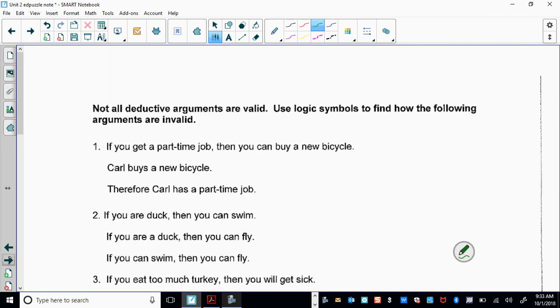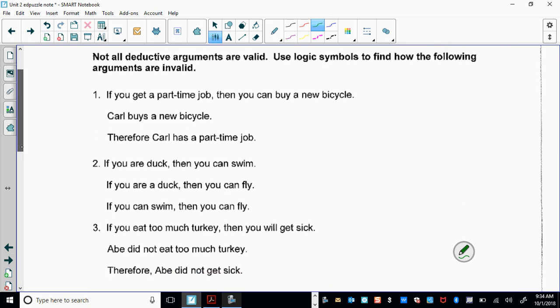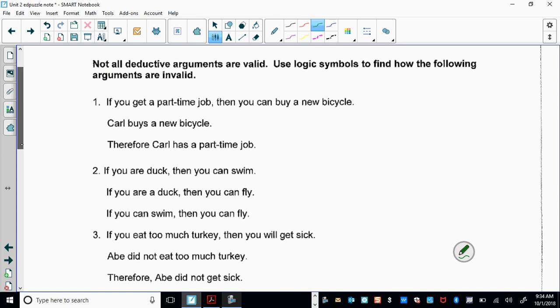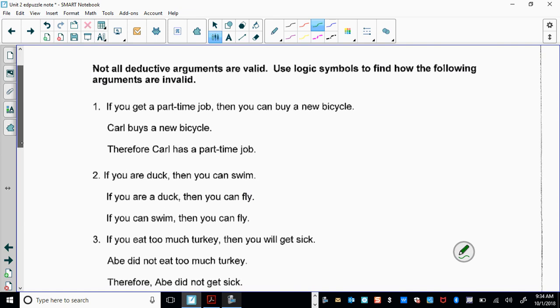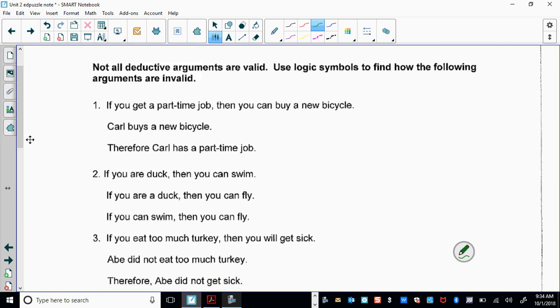So we'll go through detailed notes on this next class in terms of doing examples. Is it logically a valid argument or not? We'll deal with that. Not all deductive arguments are valid. Use logical symbols to state the following argument. So if I wanted to do this, I have to, for each one of them, say, okay, if you get a part-time job, that's my P, right?